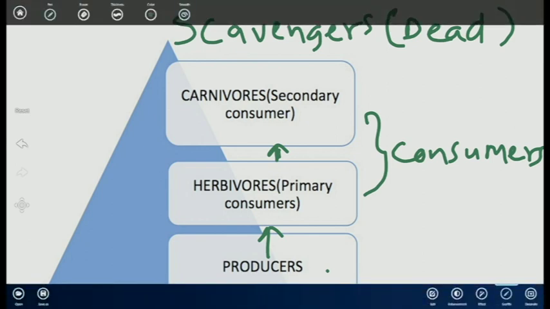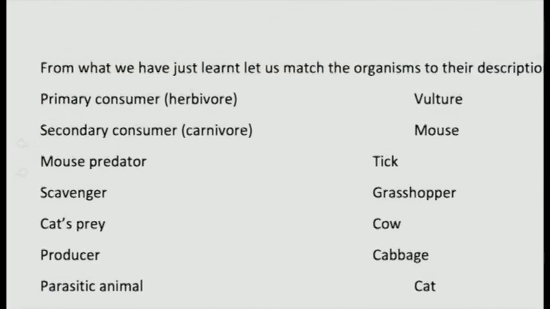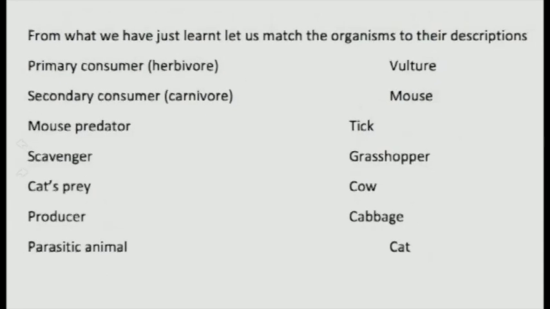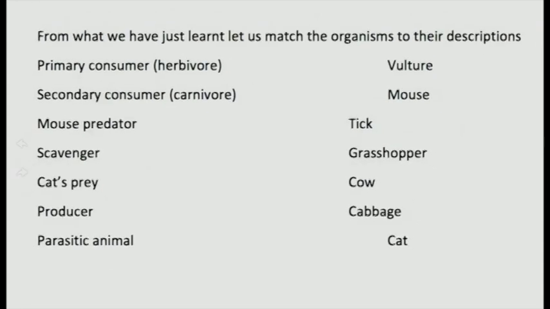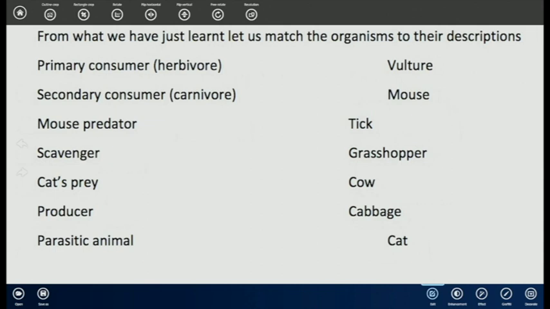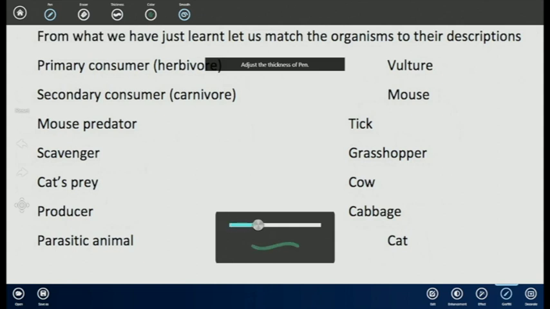Now let us look at the animals in details that we are talking about here on this hierarchy. What we have just looked at can be summarized in this format. We look at the given organisms here. We have these different organisms. We check what we have just talked about.